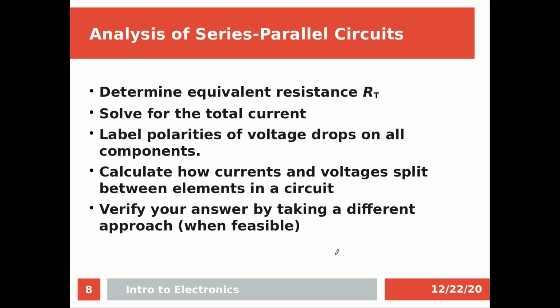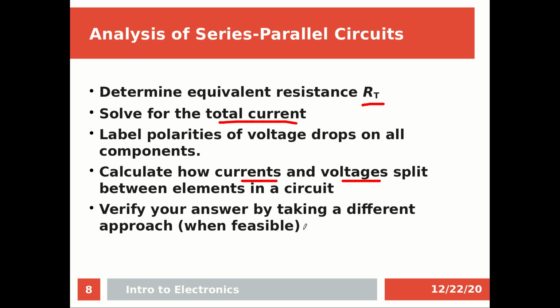Then you determine R total and solve for the total current. If you have the total voltage, you can find the polarities of the voltage drops across each component, and then you divide the current and the voltage between the elements.